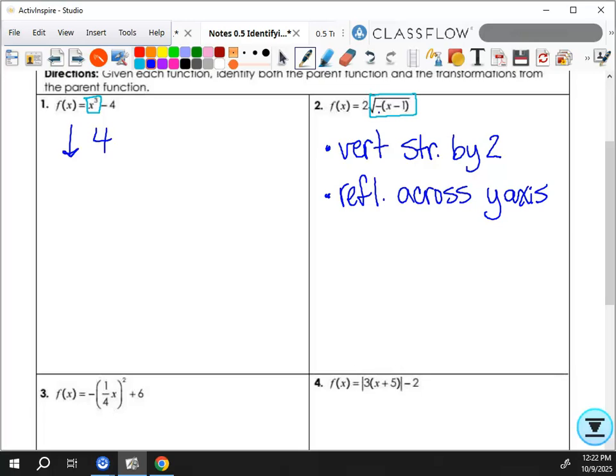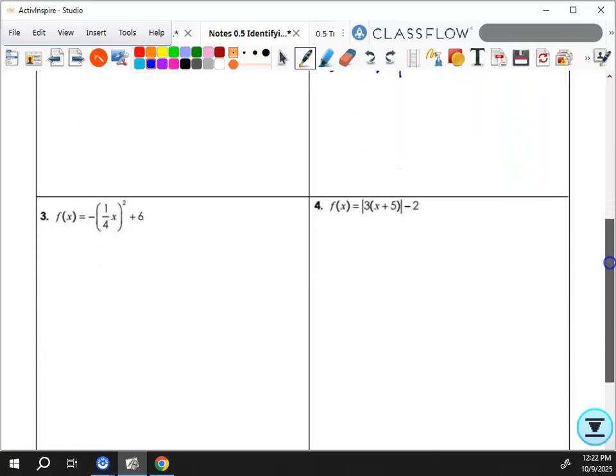So then we come across that 1, and x is a liar. If I'm adding and subtracting, that means I'm going left and right or up and down. Since this is inside, I'm going left or right. Which way am I going? Right. I'm going to go to the right 1. Okay. Any questions about any of that? Easy enough? Okay. Let's just keep on going.